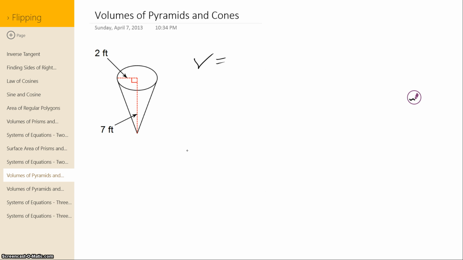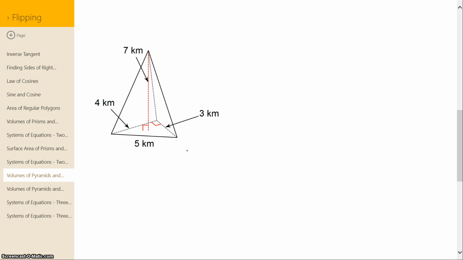So right here I've got a cone, and we know it's a cone because it has a circle for a base. And we're going to be looking here in a moment. I've got a pyramid. A pyramid, by definition, is anything with a base that goes up to just one apex here at the top. That very top point is called an apex.